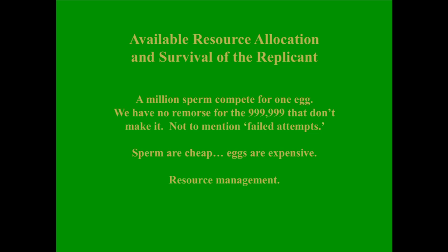If you do the math, human females produce maybe about 450, 500 eggs during your lifetime that are viable, whereas a male might produce that many sperm while we're sitting here talking about it. So how that plays out biologically, sociologically, and in other ways, nesting behaviors in birds, all these types of things, right down to plants: resource allocation, survival of the replicant.